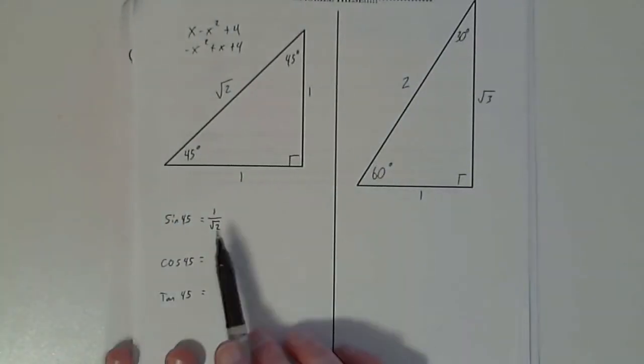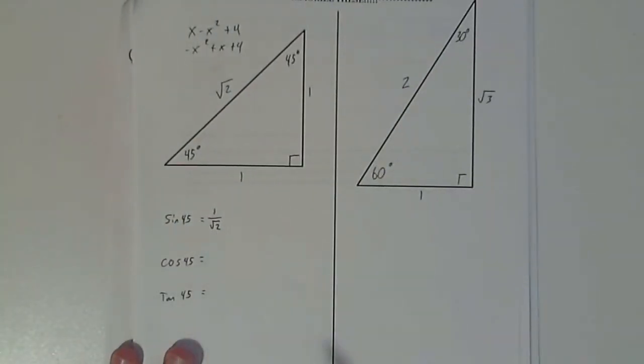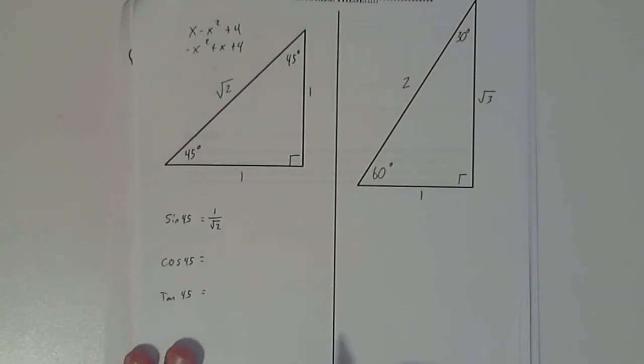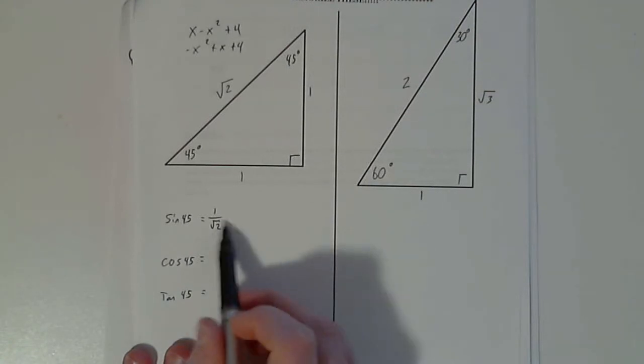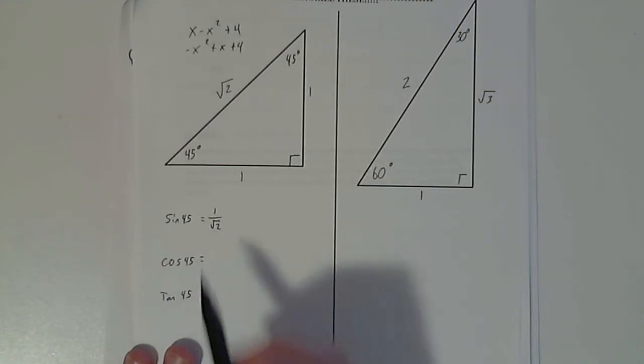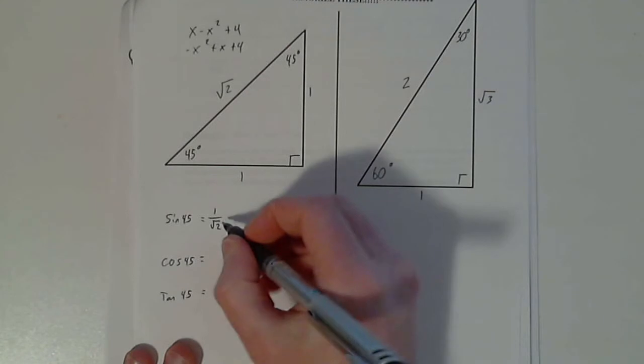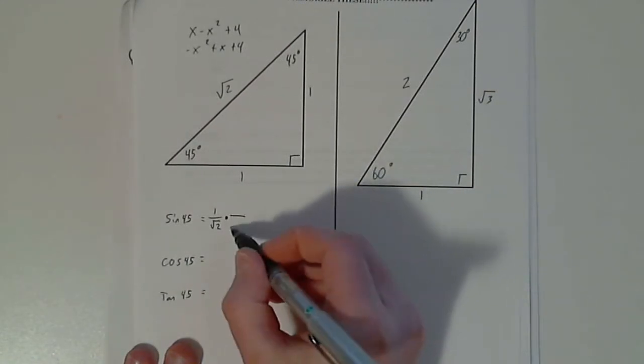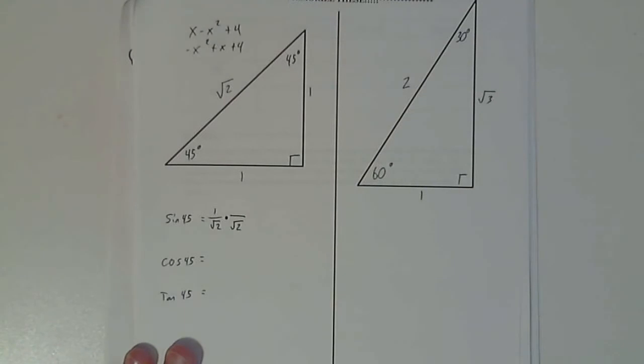So we never leave radicals in the bottom, so we actually have to rationalize this denominator. I'm not sure if you've talked about that before. To rationalize the denominator means we need to turn this denominator into a non-radical, into a rational number. What we do is multiply by root 2, since root 2 times root 2 will make positive 2.